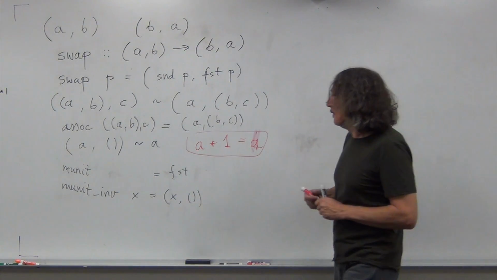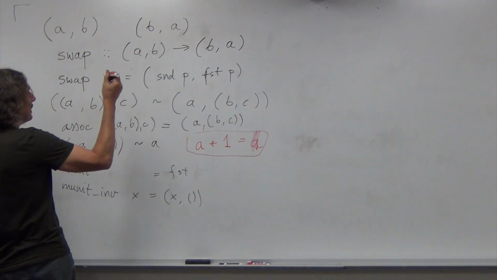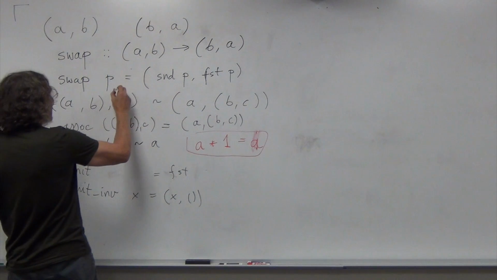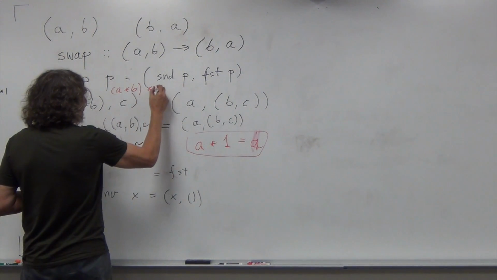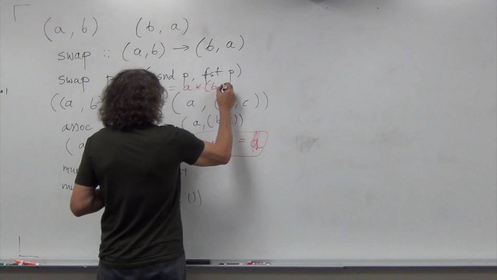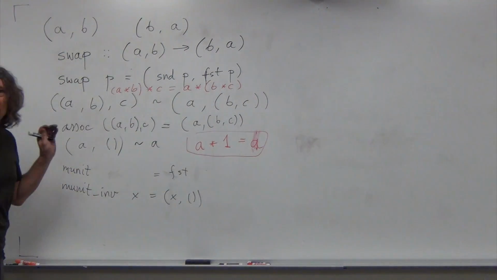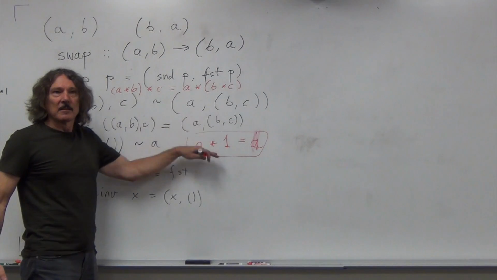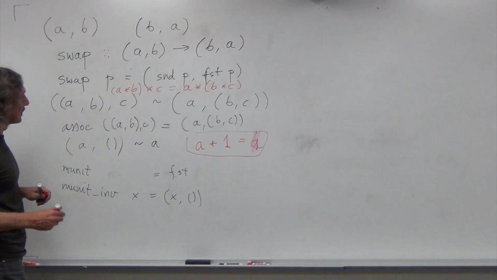So we have the standard algebra: A times B, the standard monoid, times C equals A times B times C. We have all these equations from school algebra. We can rewrite this.